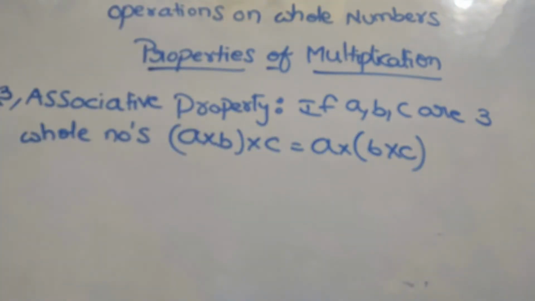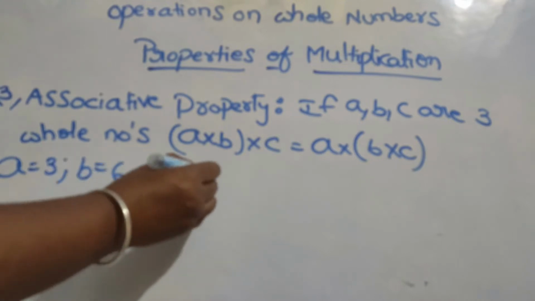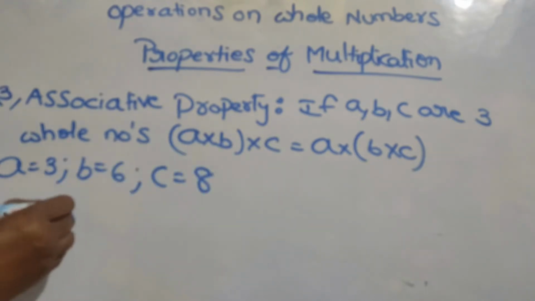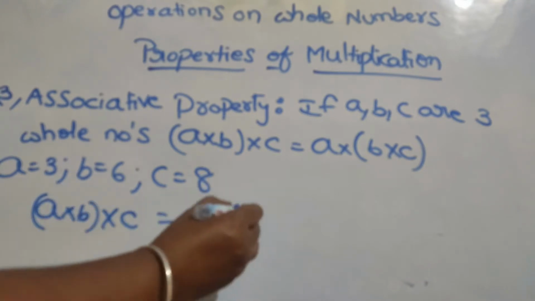This is called the associative property. Let a is equal to 3, b is equal to 6, c is equal to 8. Now (a into b) into c is equal to a into (b into c).